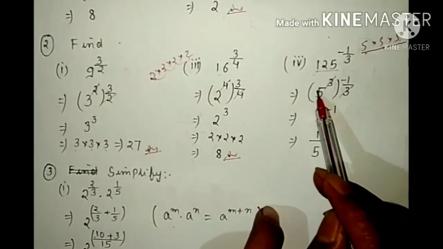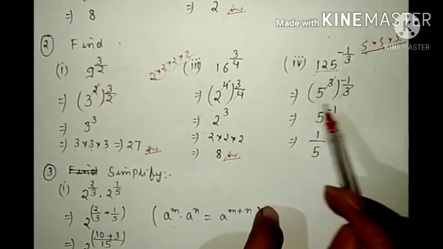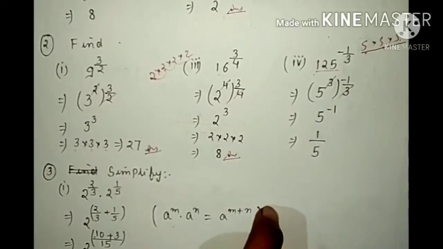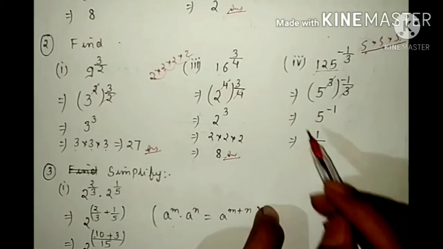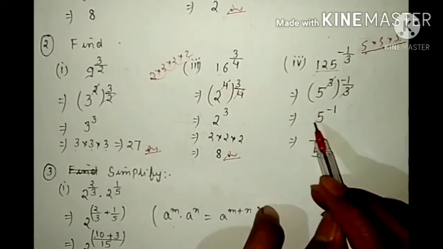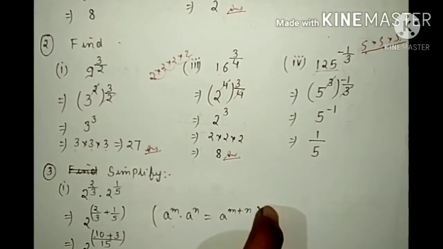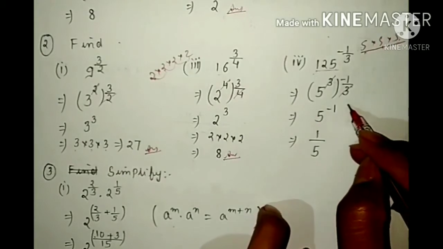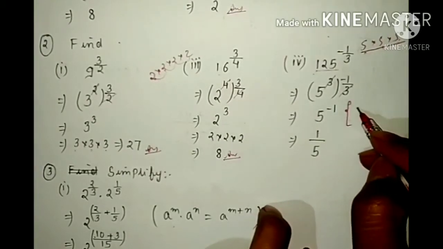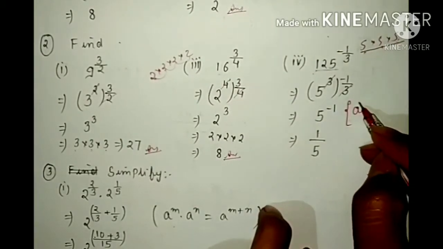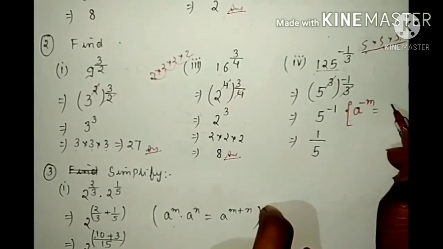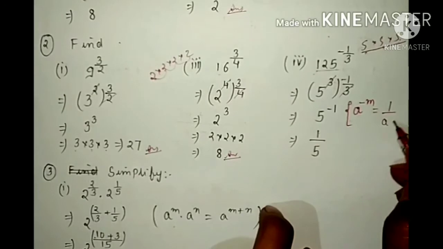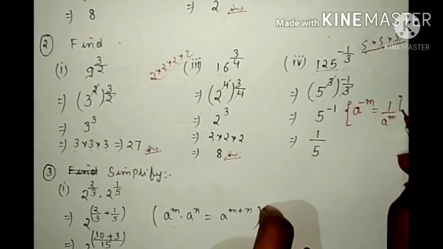So write it, 5 cube whole power minus 1 by 3. This 3 and 3 will be cancelled. What is left? 5 की पावर -1. Now there is one law that a की पावर -m is equals to 1 upon a की पावर m.